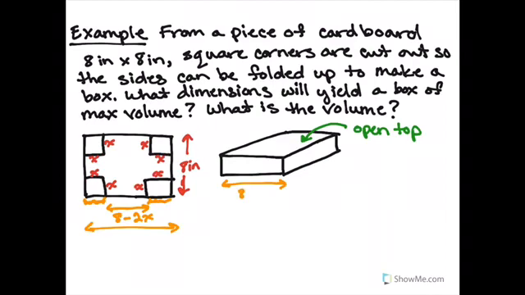So the front of my box here is 8 minus 2x. Okay, and then since it's a square piece of cardboard, that's also going to be that side, right? Every side that I fold up is going to be 8 minus 2x.